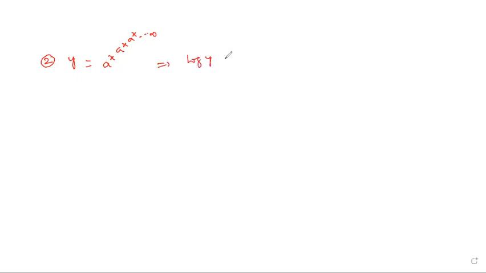Log y is equal to a power of x, a power up to infinity comes before, into log of a power of x. This is the y only. Simply write down y. Log y is equal to y into, power comes before, x log a.